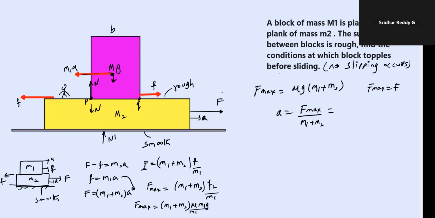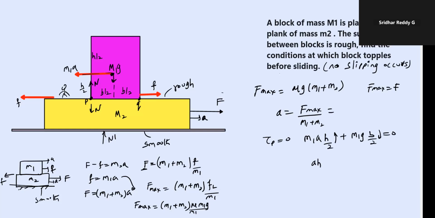The net torque about P should be 0. M1 A H by 2 will be anti-clockwise, and torque due to weight M1 G B by 2 clockwise.